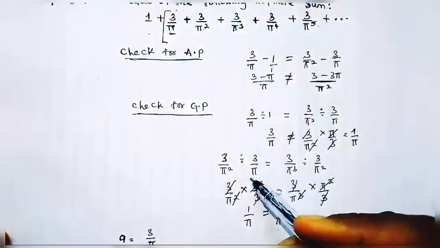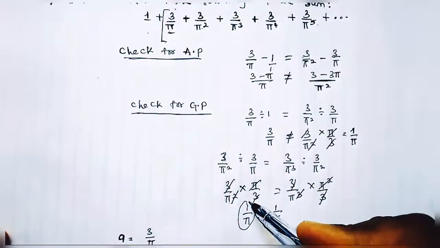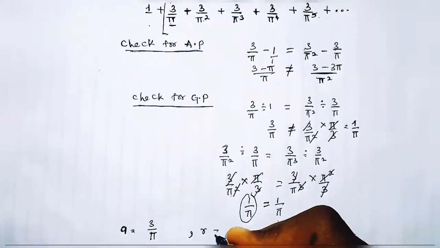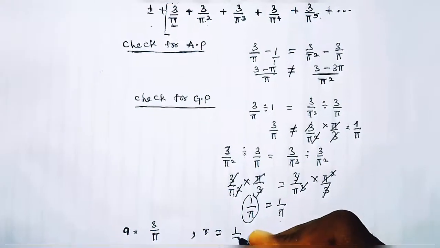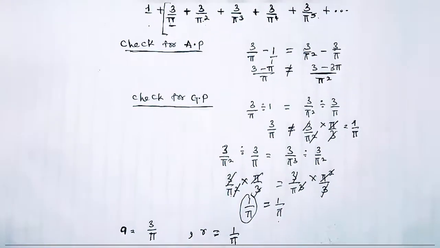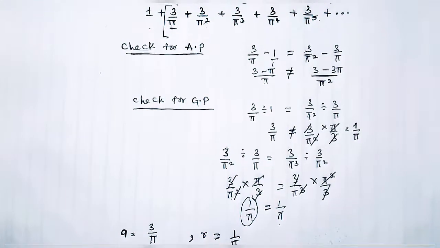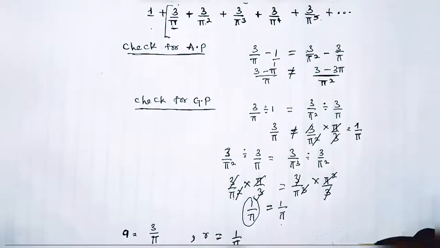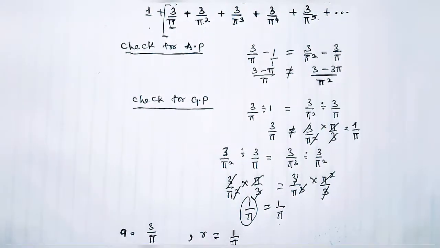So this divided by this, we calculated it here to be 1 over pi. So my common ratio, r, is 1 over pi. Then that's all we need, right?